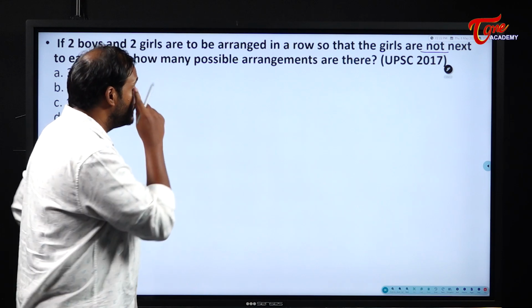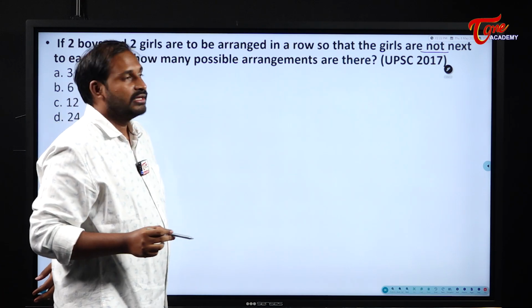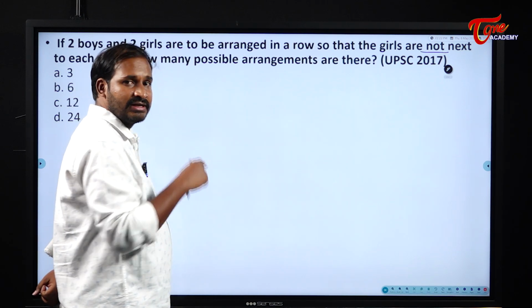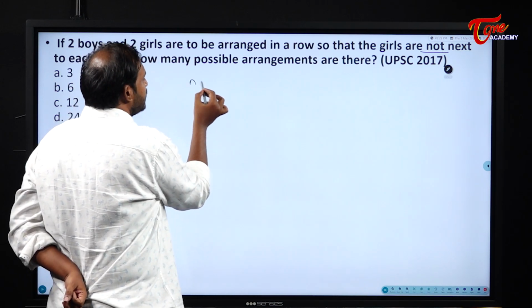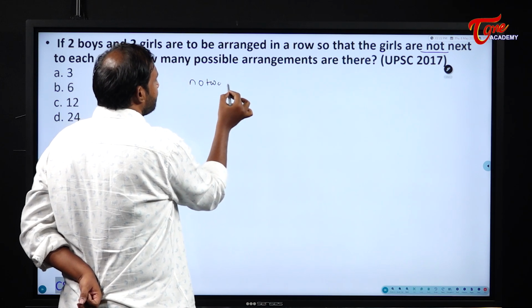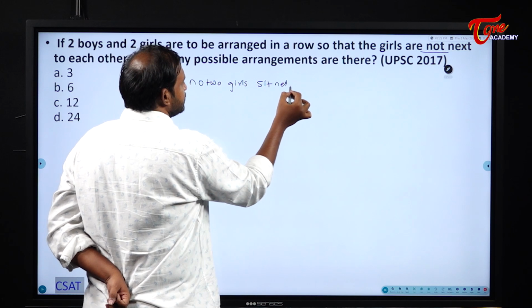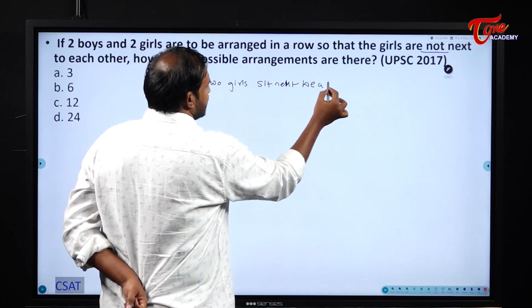They are telling that no 2 girls should sit next to each other, right? But we will try to find it this way. No 2 girls sit next to each other, and only 2 girls are there.